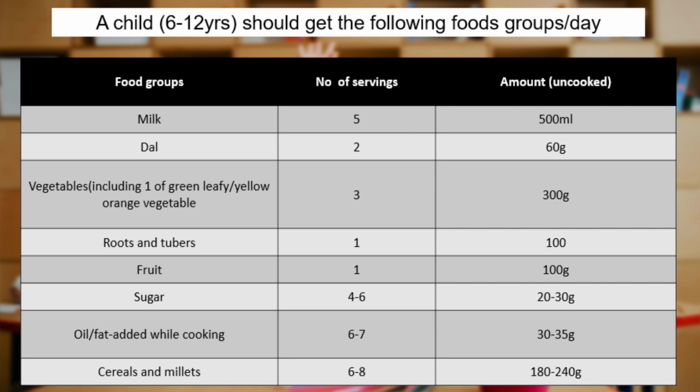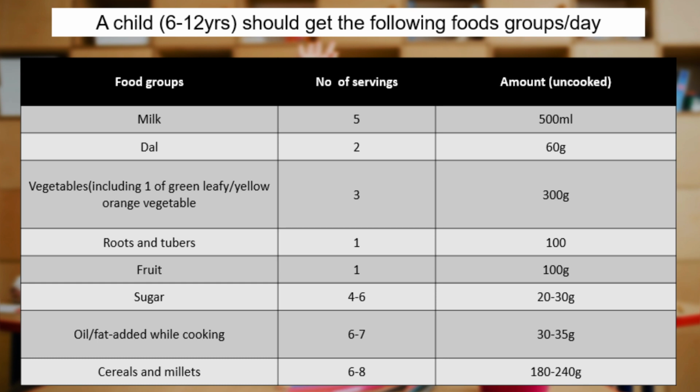Here are the amounts of food groups that a child between the age of 6 to 12 years should be eating per day. Milk should be around 5 servings, which means 500 ml. This can comprise milk, curd, lassi, paneer. Dal should be 2 servings, which means 60 grams of dal.